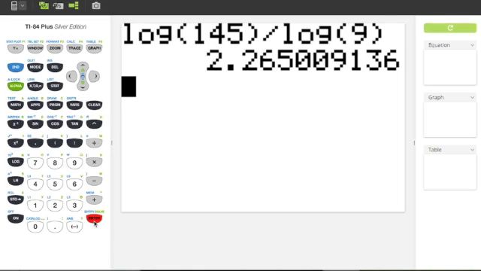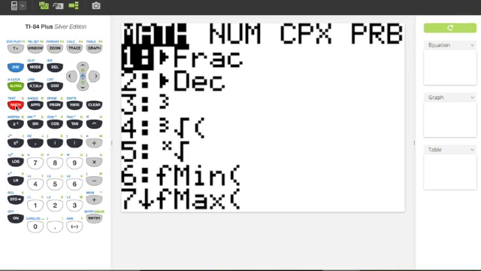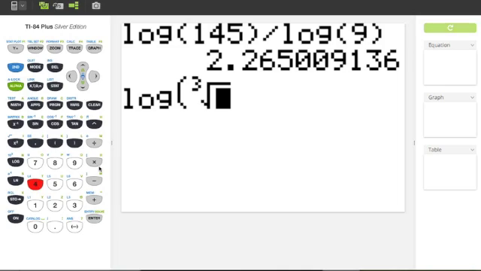2.26500, and we would normally find these to the nearest 4 decimal places. So 2.2650. The next one, we have the log base 4 of the cube root of 45. So that may be a few extra steps to get this. We'll have to take the log of the cube root. So go to Math and do number 4 for the cube root of 45.